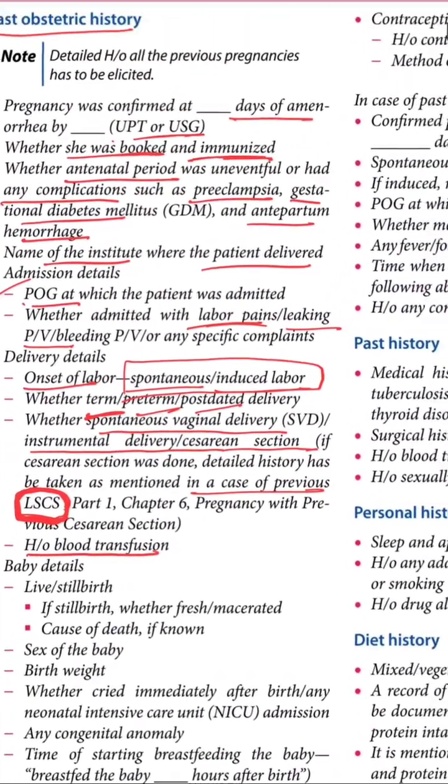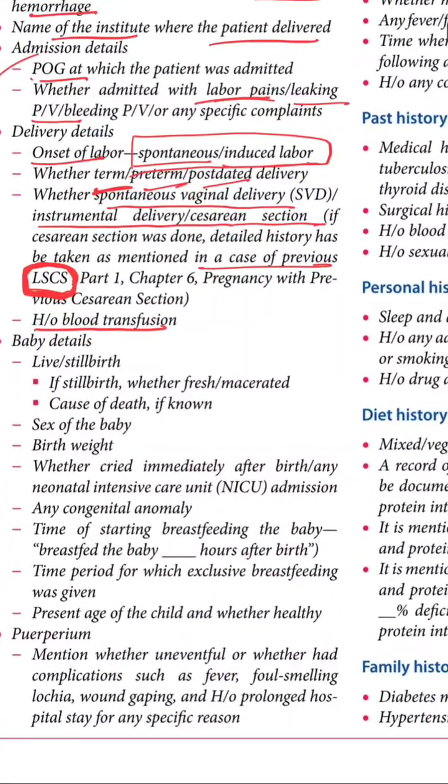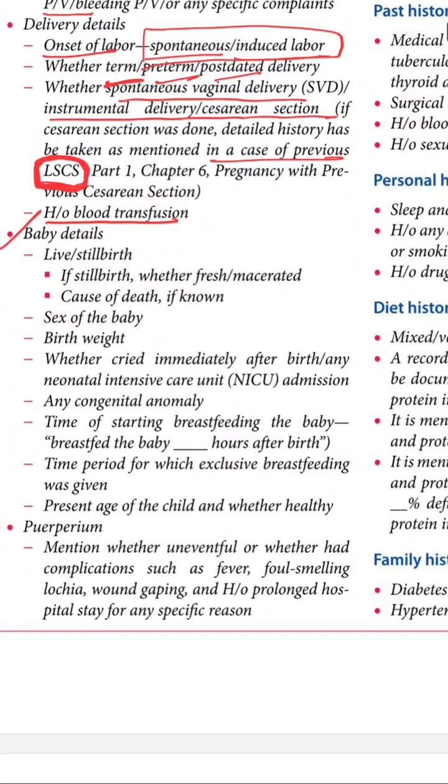So these are all the details you will collect from the mother, and next you will collect also baby details, whether live or stillbirth, if at all stillbirth, whether fresh or macerated, cause of death if known, then sex of the baby, the birth weight, whether cried immediately after birth, this is important, or any neonatal intensive care unit admission, any congenital anomaly.